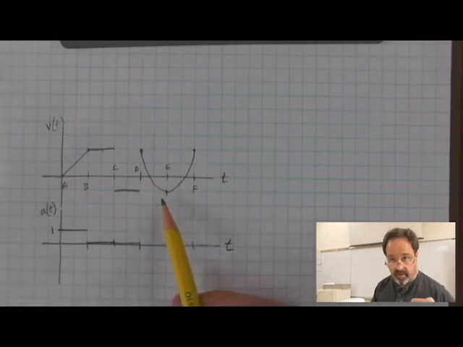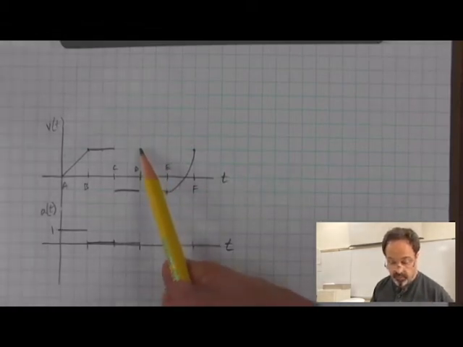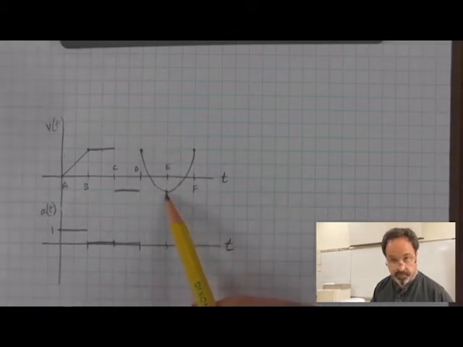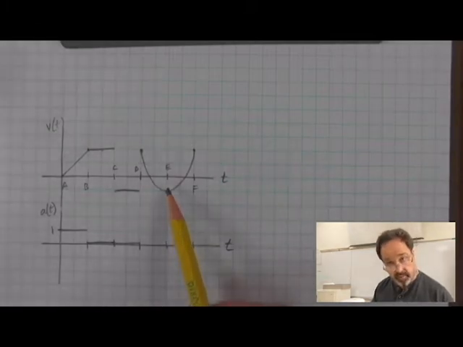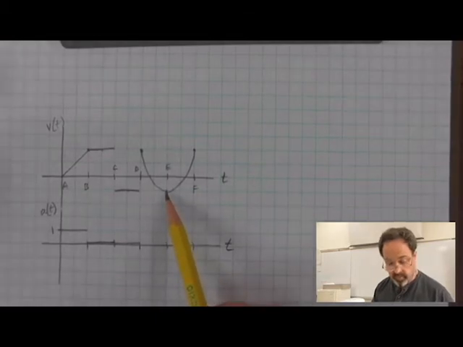That is accelerating negatively during the interval from D to E. From D to E, we have negative acceleration the whole way, but not a constant negative acceleration.